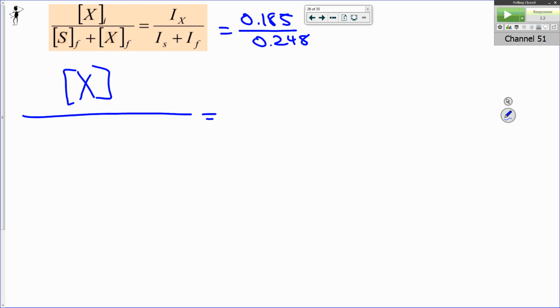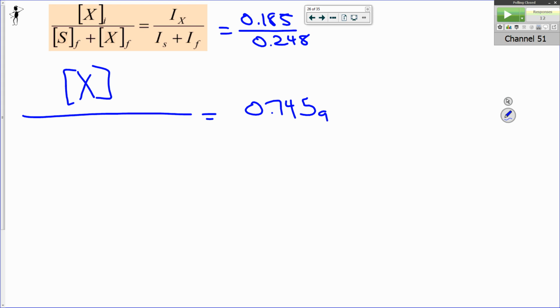I can go ahead and figure out what that ratio is. So whatever that is, I'm going to simplify it and just find out what that number is. Okay, it's 0.745 with an insignificant 9. Okay, so I know that number.